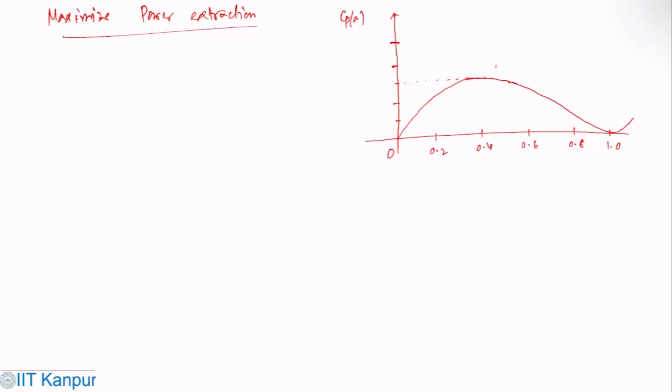So you can have some barrier here beyond which the momentum theory is invalid, and that is because my Cp is 4A (1 minus A) squared, so dCp by dA is 0, from which we get essentially A star, which is 1 by 3.